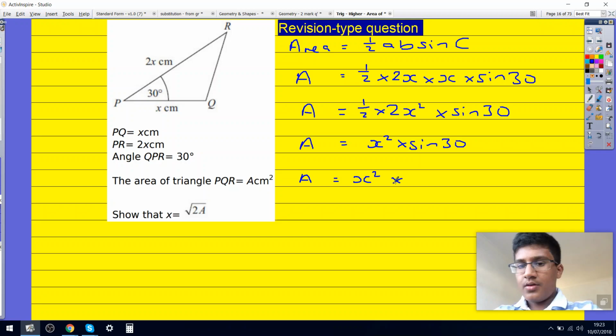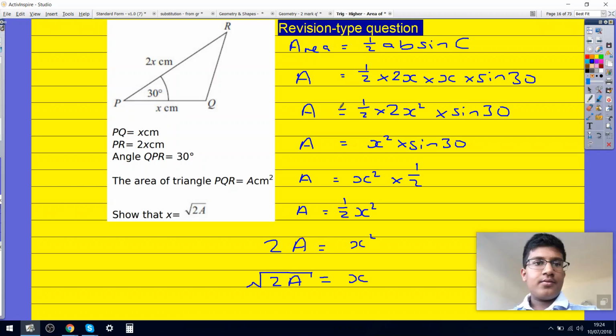It's a half, so that gives us 0.5. So 0.5x squared equals a. So then x squared is 2a, and then x is root of 2a. That's the answer. So this was just pure algebra.